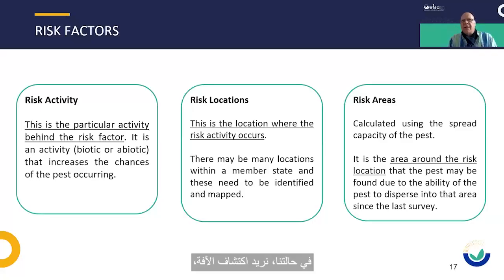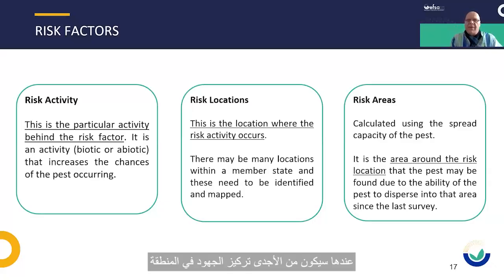So in our case, you want to detect the pest if it entered just before the survey. Then it would be more useful to concentrate the efforts in the area where we would expect a high probability that the pest is there.